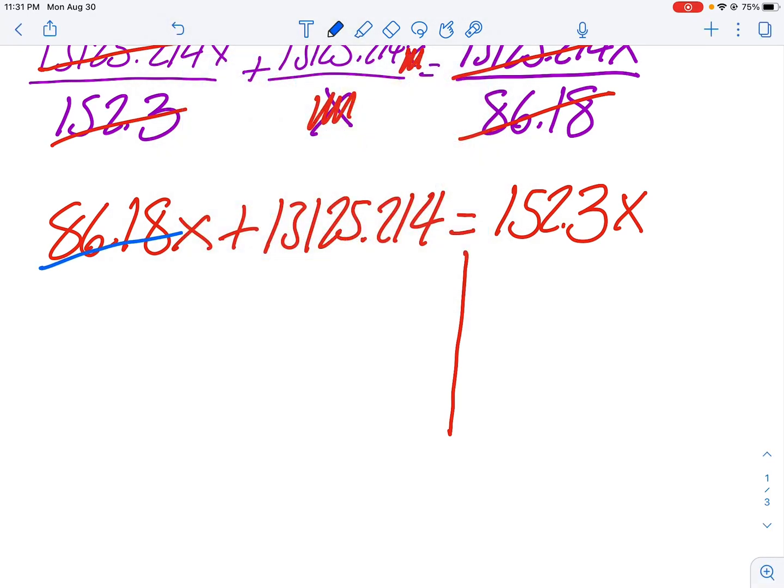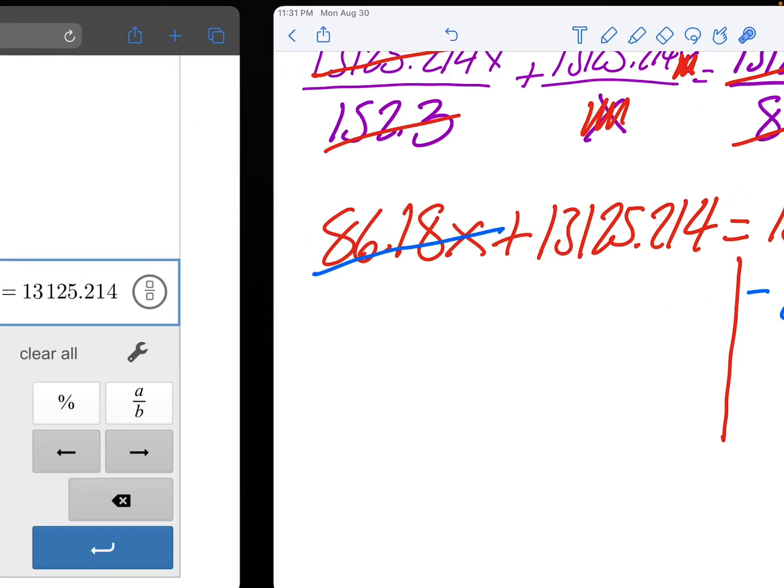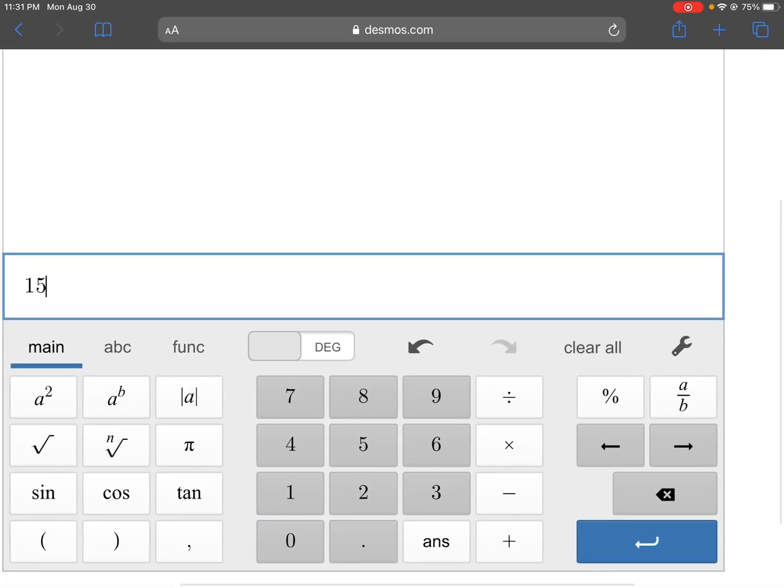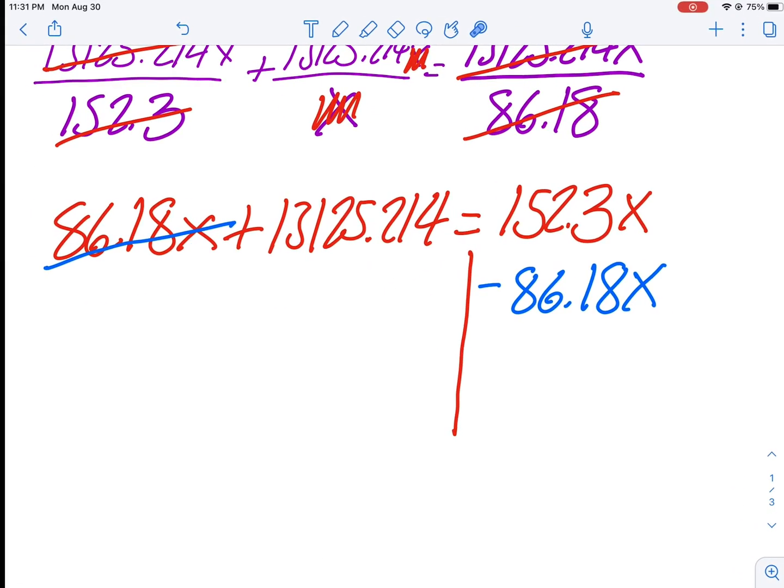Let us cross it out and bring it over as minus 86.18x. Let us subtract these two: 152.3 minus 86.18 is 66.12.